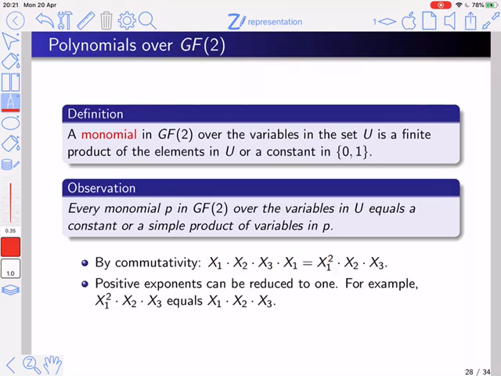But now I know that x1 squared equals x1 because multiplication is idempotent. So I can reduce all the positive exponents to 1, and therefore this monomial in fact equals the monomial x1, x2, x3. So every monomial equals a simple product of variables, or it just might be a constant. There's always a possibility that the monomial is just 0 or 1.